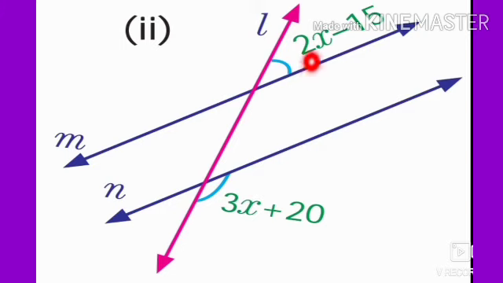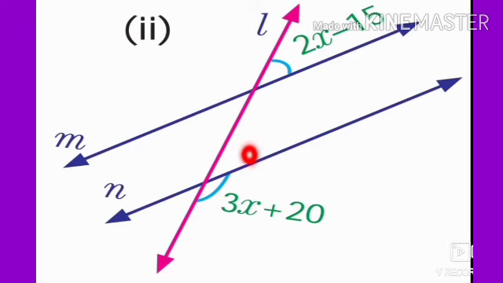Two angles 2x minus 15 and 3x plus 20 are given, and these two angles lie outside the parallel lines, or in the exterior region, so they are called exterior angles, and also on the same side of the transversal, on the right hand side of the transversal, which are called co-exterior angles.